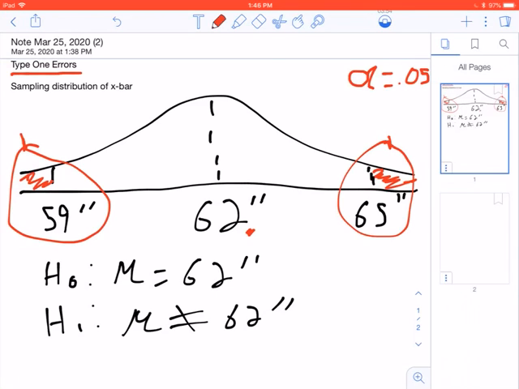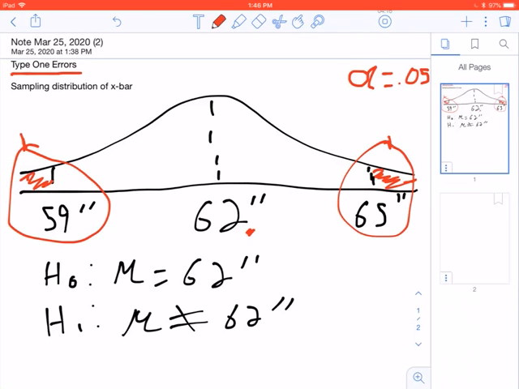It's actually that your distribution is just centered in the wrong place. You think it's centered at 62, and it's not, right? And that's when we would reject H0, that the mean is equal to 62, and we would go with the idea that the mean is not equal to 62 inches, right?